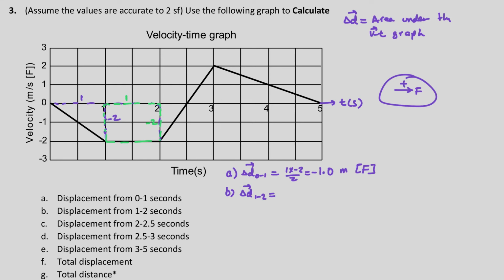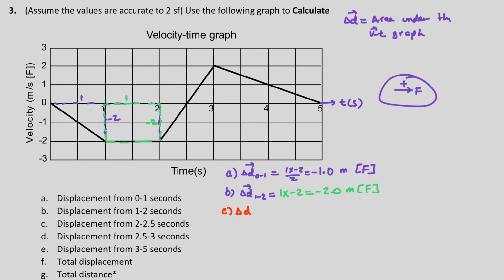So this time I have a rectangle, so it's not an area of a triangle. I just multiply 1 by -2, and I will get -2.0 meters forward.